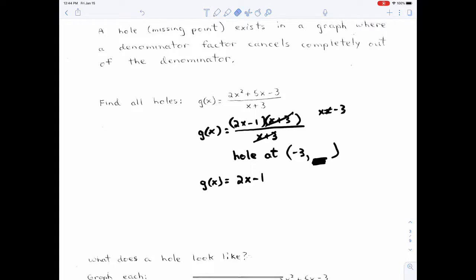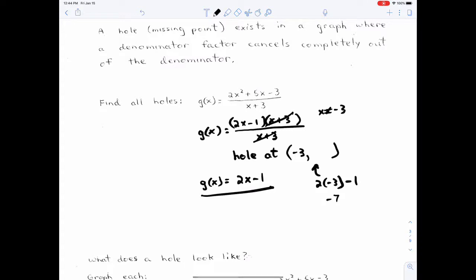What we're going to do is find the point that would be on this at an x value of -3. You plug in -3. So we have 2 times -3, minus 1, and it's got to be in the simplified equation, because if you plug it into the non-simplified equation, it won't make any sense. So that gives us -7.